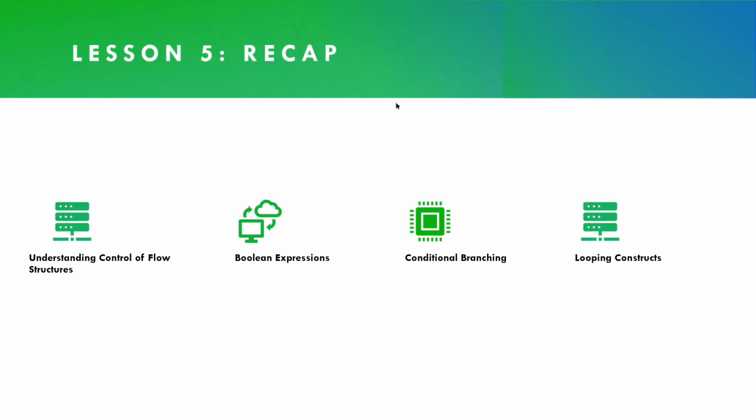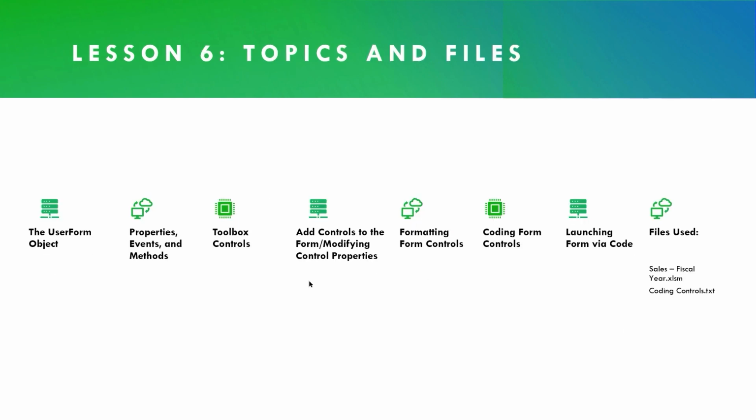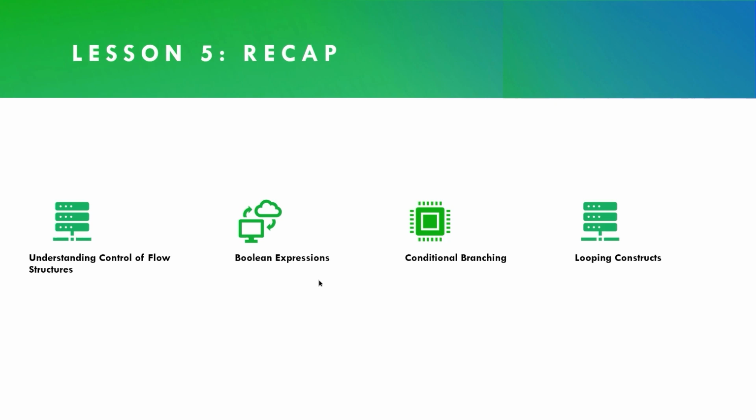You learned about Boolean expressions and how to combine them with comparison and logical operators. We went into conditional branching, and that's when we used our if constructs and our select case constructs. And then we finished by using our looping constructs. We used our do loops, and then we did both variations of the for loops, the for to next structure and the for each next structure.